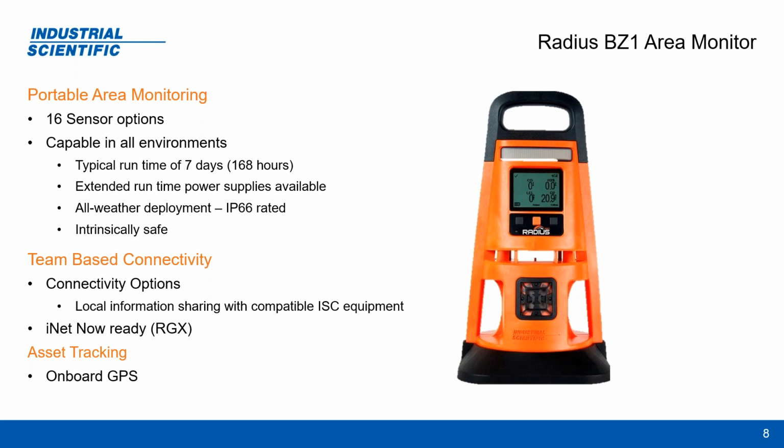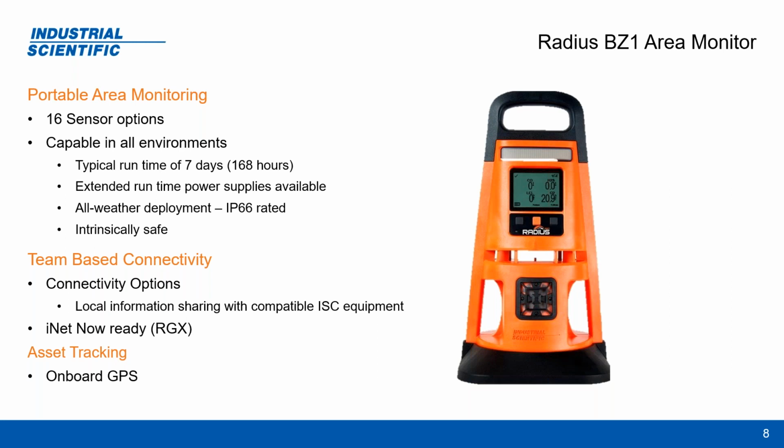It has a long battery life, typically up to 7 days in a standard 4-gas configuration, with a number of extended runtime power supplies available to keep it running 24/7, 365 that you need to. It's very rugged, very durable, very weatherproof, with an IP66 rating. And it's meant to be out in harsh environments in all conditions.